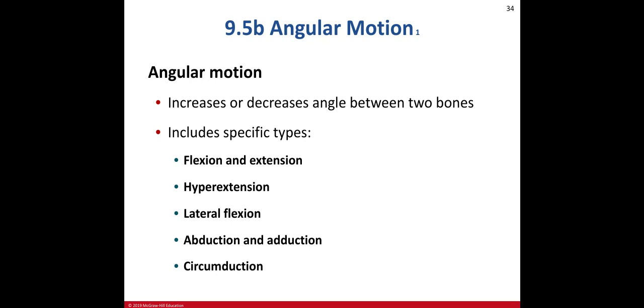So if I hold my arm out flat in front of me and I bend my elbow, am I increasing the angle between the bones in my forearm and the bone in my upper arm, or am I decreasing it? Like, what is happening? And so the specific words that we use are flexion and extension, hyperextension, lateral flexion, abduction and adduction, and circumduction.